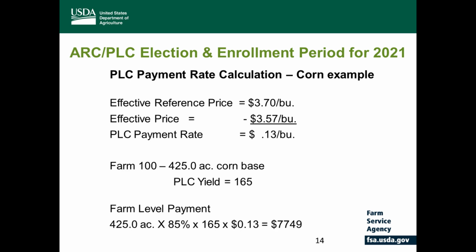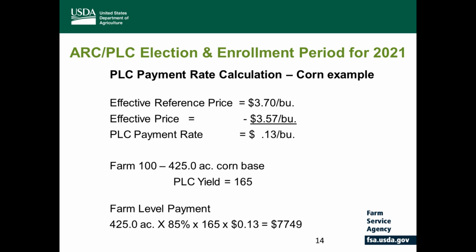This is just a quick example then of how the actual payment calculation works for PLC. In this example, the farm has corn base acres and a PLC payment triggered for the corn. It doesn't matter, again, if the producer planted corn or not, the farm has corn base acres.